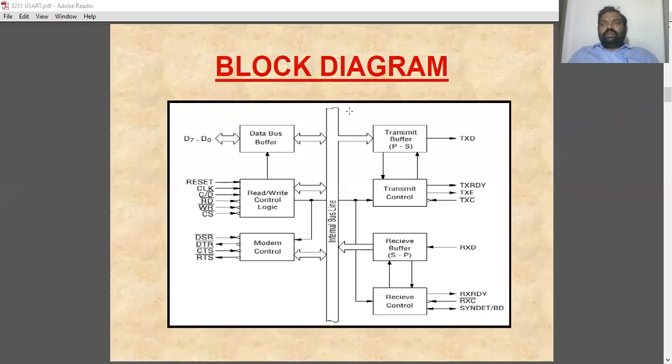That depends on our user requirement. Sometimes you may need to transmit the serial data using the synchronous method, and sometimes using the asynchronous data transmission method.